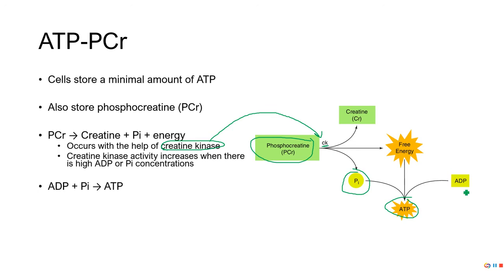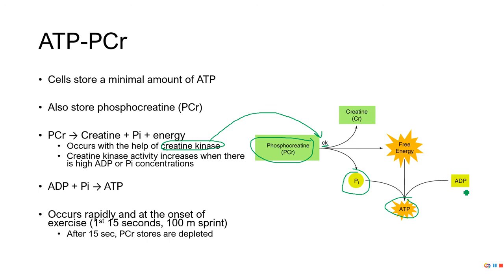Now, this occurs very quickly. Whenever you begin to do something, at the start of exercise, you're primarily using your ATP-PCr system. So it's very fast acting, but the problem is it doesn't last for very long.